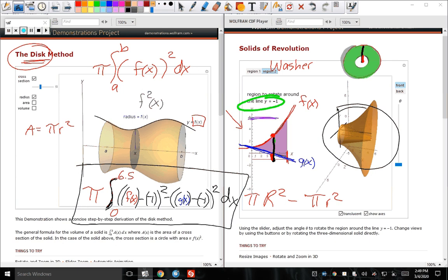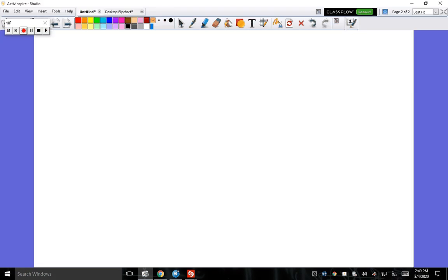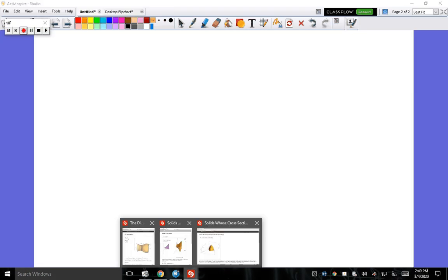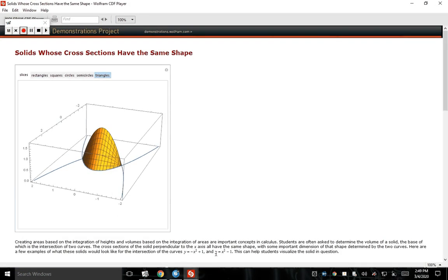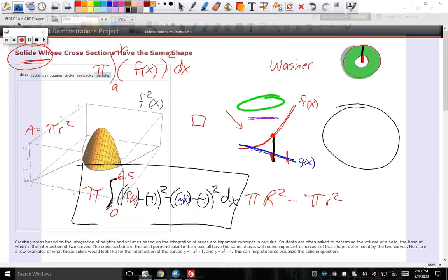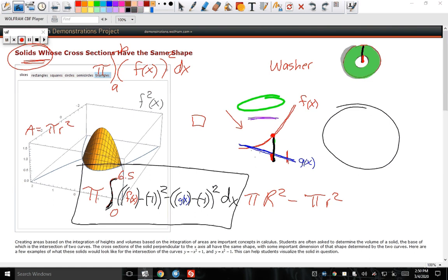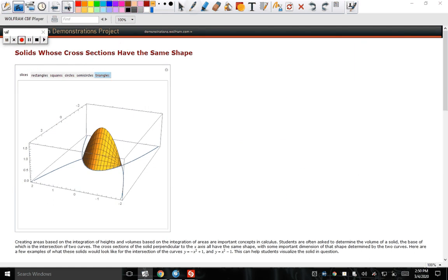These visuals should help big time, because otherwise this is kind of out there to figure it out by just trying to visualize it in your head. Now remember, we're doing these cross sections. Look at this. So for instance, what we've recently finished kind of looking at were these cross sections perpendicular to the x-axis or perpendicular to the y-axis.